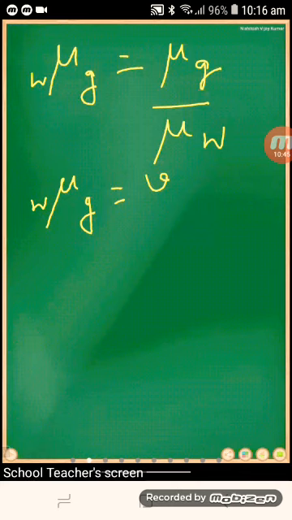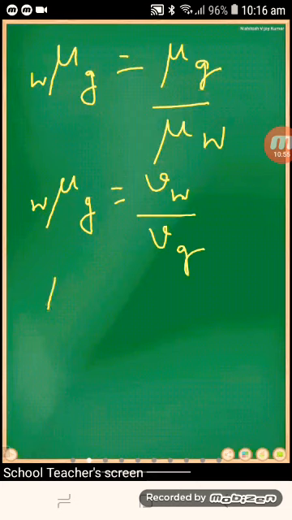In simple terms, the refractive index of glass with respect to water happens to be the velocity of light traveling in water upon the velocity of light traveling in glass.